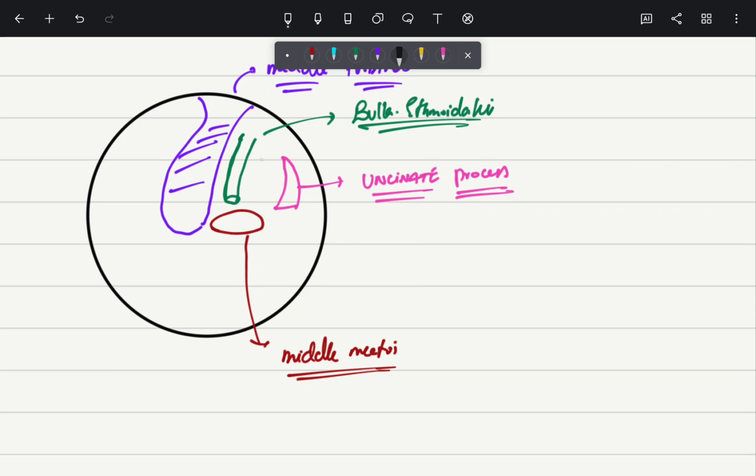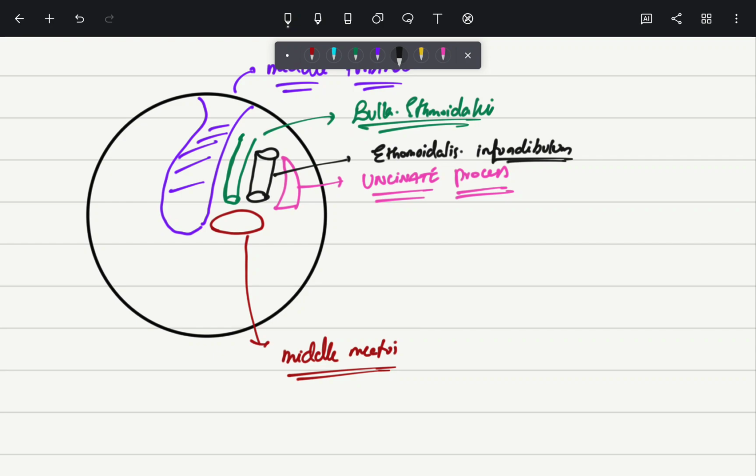This space here is called your ethmoidalis infundibulum.